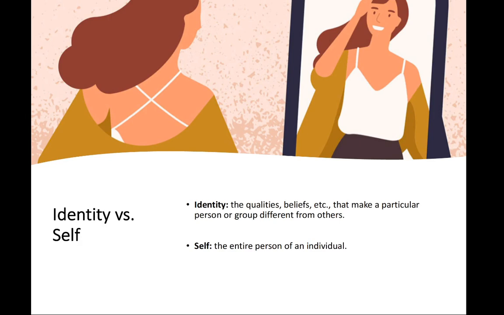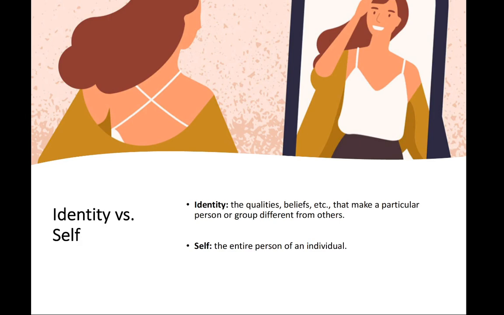Identity describes the qualities and beliefs by which a particular person is identified as a unique individual amongst groups of people. On the other hand, self is the entirety of the person as an individual.